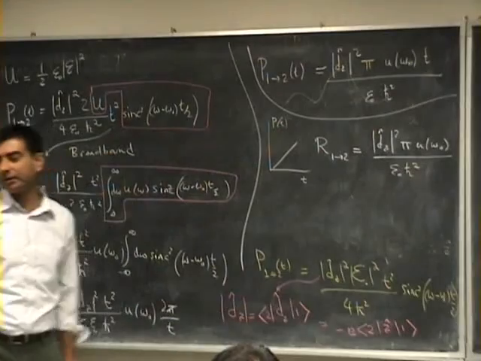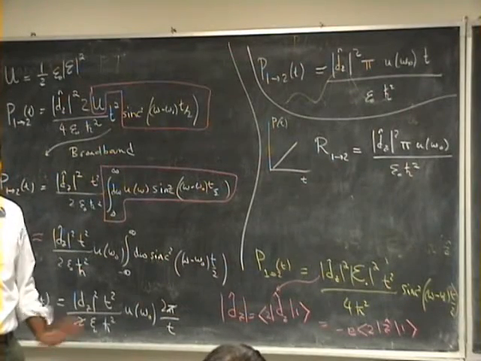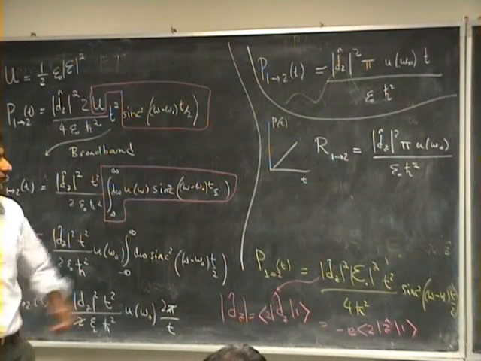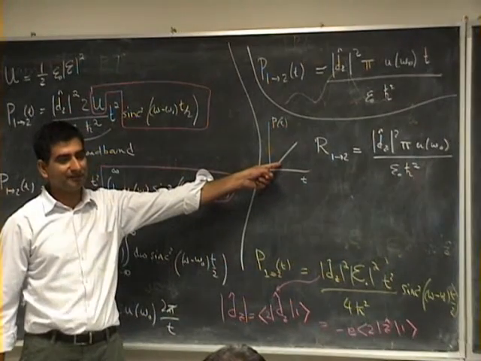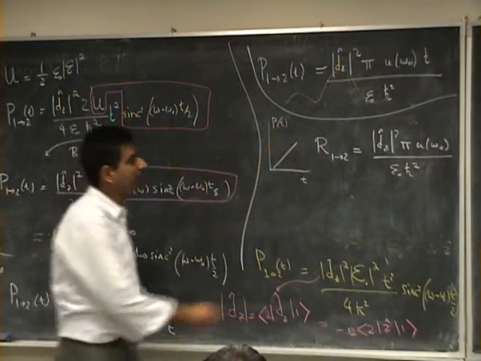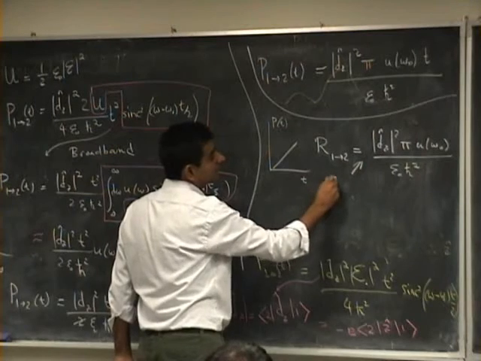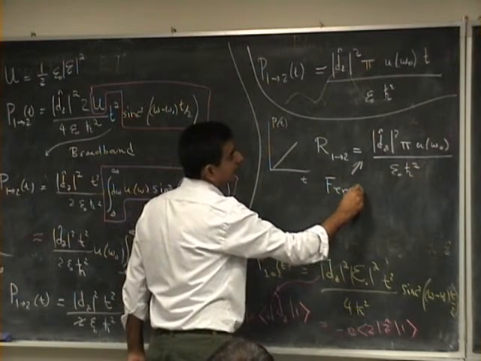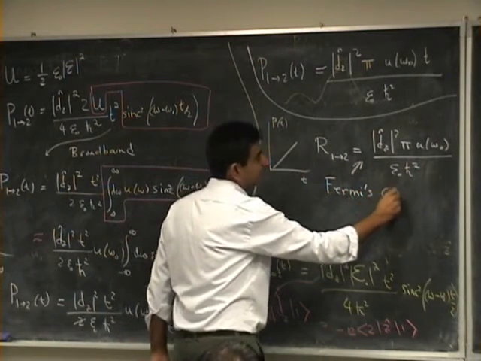This is independent of time. So the rate is independent of time. So the slope of this line is the rate. This is called the Fermi's golden rule. That is, the probabilities of making transitions are independent of time.